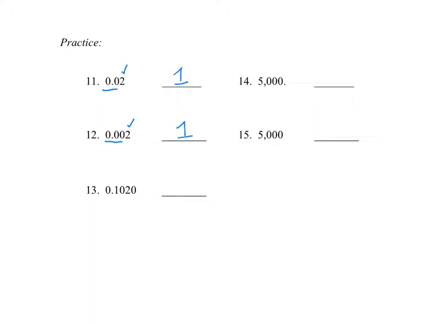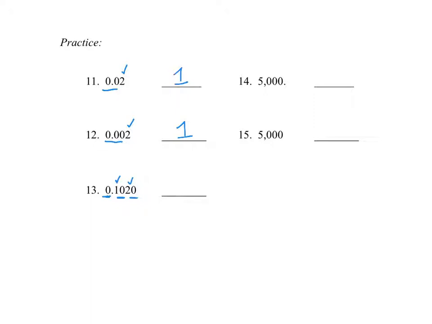We look at number 13. Again, pick out the non-zeros first. They're the easiest. So we have a 1 and a 2. Those are significant. And we actually have an example here of all 3 types of zeros. You can see a 0 to the left, a 0 to the right, and this 0 here is between the 1 and the 2. We call that a trapped 0. Regardless of where the decimal is, if you ever have a 0 between 2 non-zeros, so between 2 numbers, that always counts.